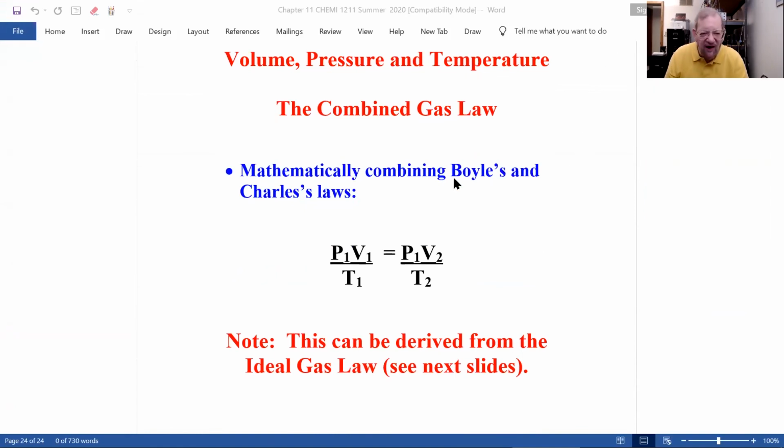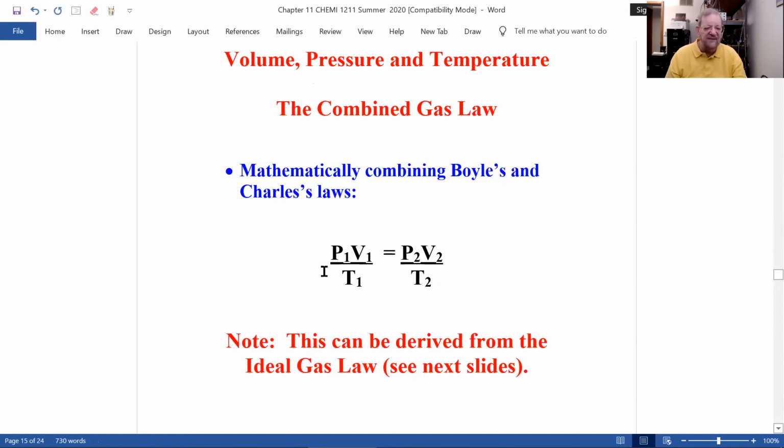They have what's called the combined gas law, dealing altogether with volume, temperature, and pressure. And that's this, where it mathematically combines both Boyle's and Charles' law. This is P1 V1 over T1 equals P2 times V2 divided by T2.